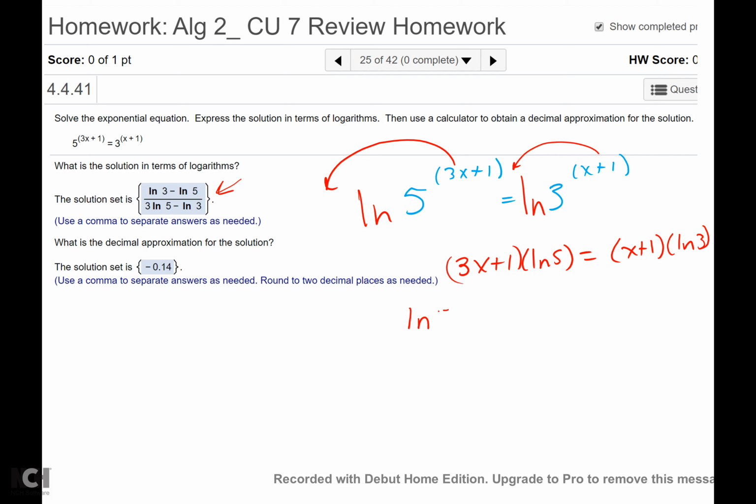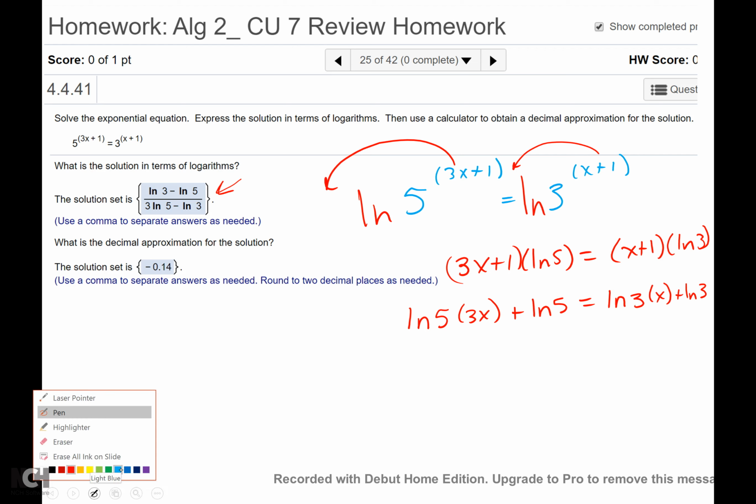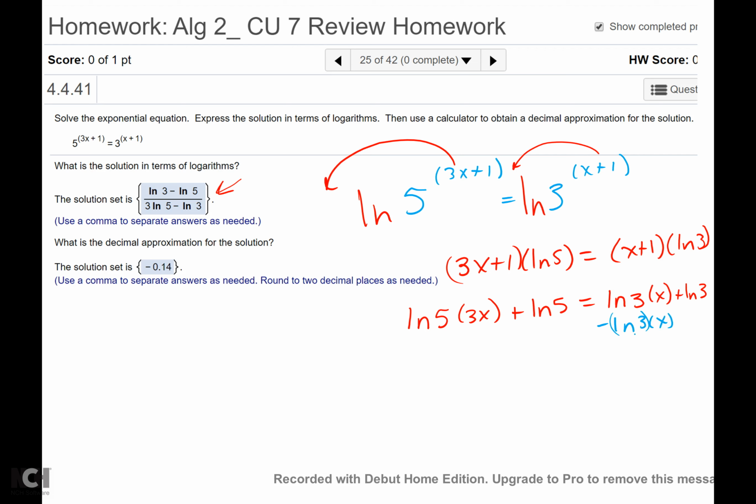If I distribute, I'd have ln of 5 times 3x plus ln of 5 equals ln of 3 times x plus ln of 3. So let's see if I can get everything with an x on the same side. So I'm going to minus ln 3 times x.